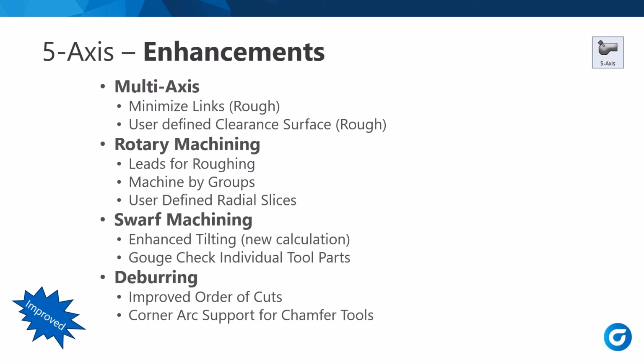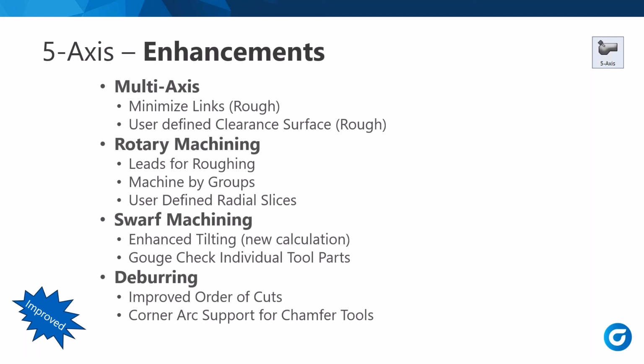There's a new calculation, so we are supposed to get improved tilting results in swarf machining. And also gouge checking, we can gouge check the individual tool parts, the holder, the shaft, the flute, and all, just like we can in other areas of 5-axis.